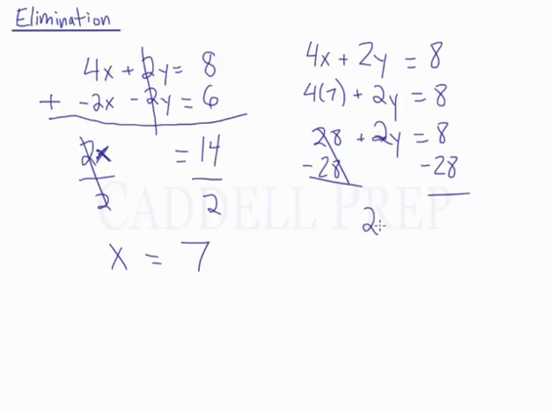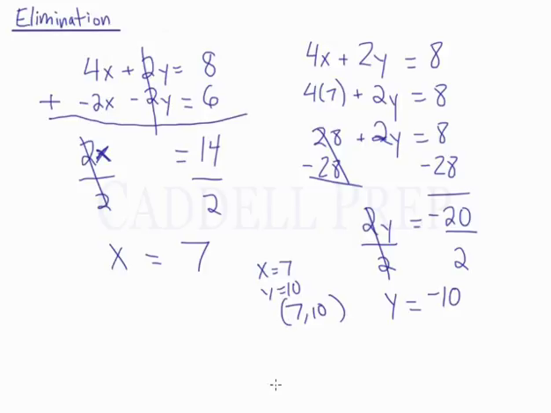And we get 2y equals negative 20. Divide by 2. And we get y equals negative 10. So our solution should be that x equals 7, y equals negative 10, or 7, negative 10 written as coordinates.